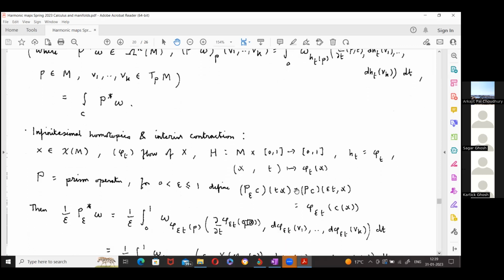So this is nothing but the prism operator applied to the homotopy H of (x, epsilon t). You're just scaling the time by epsilon to look at a small time. So you're looking at the homotopy on a small time. So this is phi sub epsilon t of Cx.